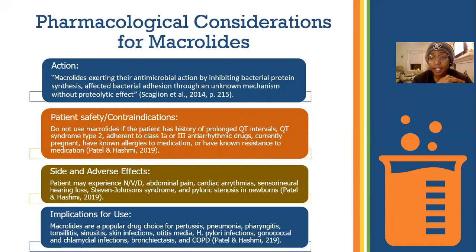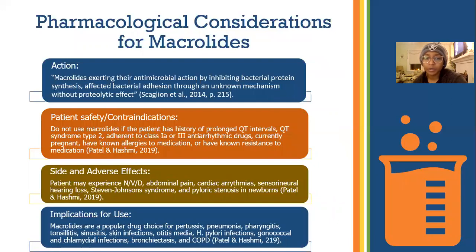Some contraindications for this medication are really kind of cardiac in nature, which is new to me. In the ER where I work, they prescribe azithromycin and macrolides in general quite often, and I never really thought about the cardiac issues that are related to them.